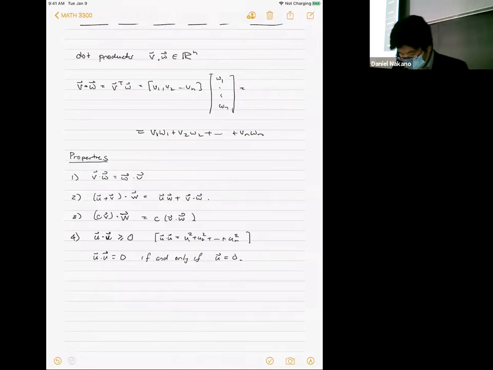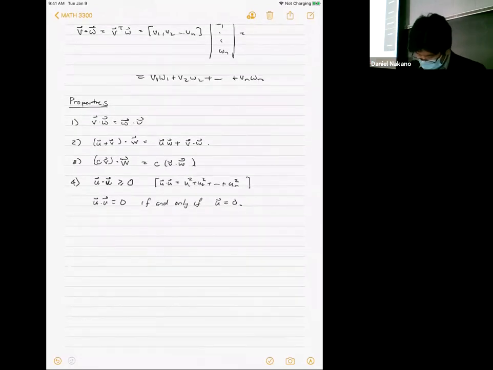The final concept of the day is the length of a vector V, which we denote with absolute value bars. It's the square root of the sum of the squares of the components.